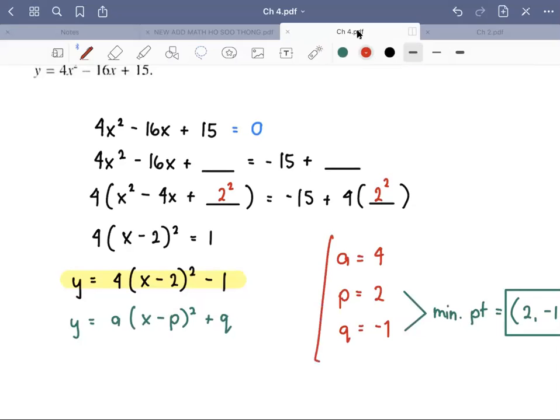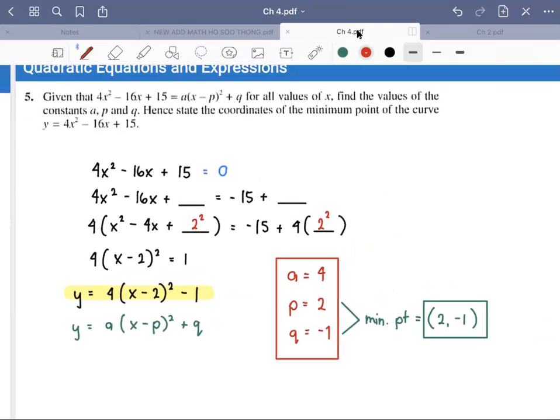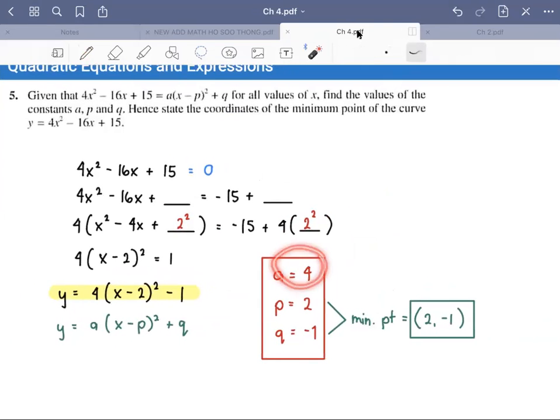Okay, these are your answers, including the minimum point. Okay, so A is 4, P is 2, Q is negative 1. So here and here. So your minimum point is at 2, comma, -1.